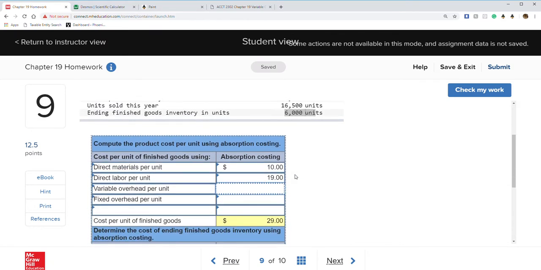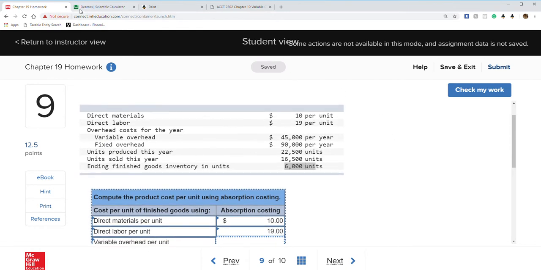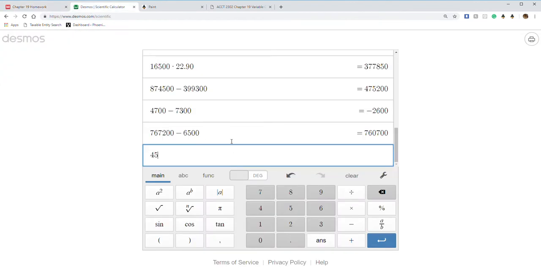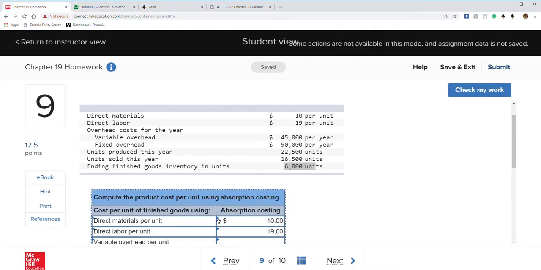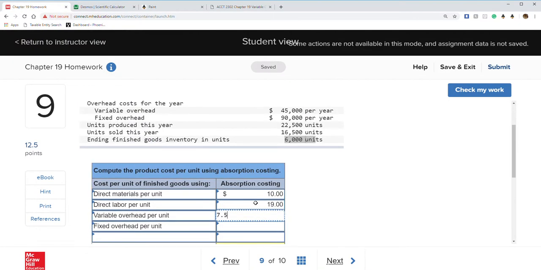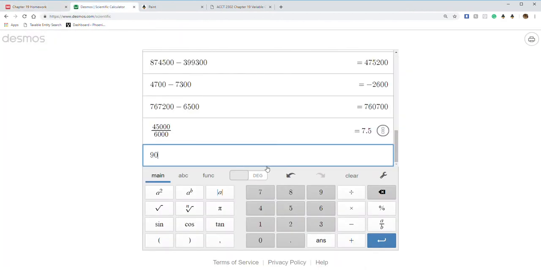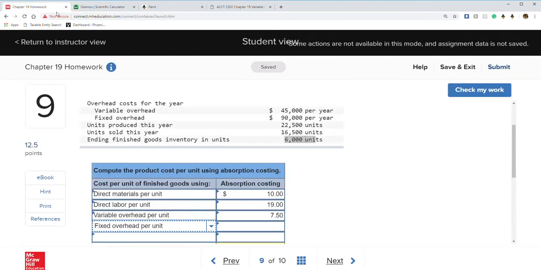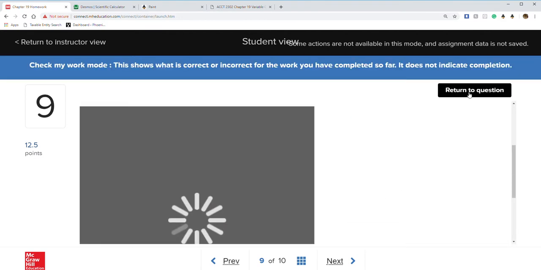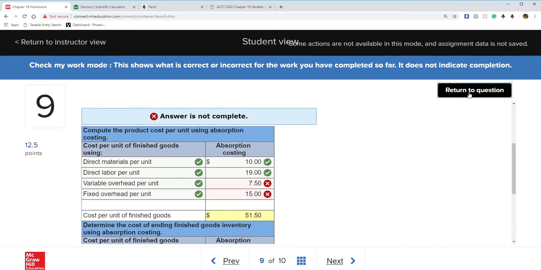So, with that being said, cost per unit of finished goods, all we take is 6,000 into each of these costs, divided by 6,000. So variable should be 750, and then fixed should be 15. Okay, again, check my work, and somehow they are not correct.